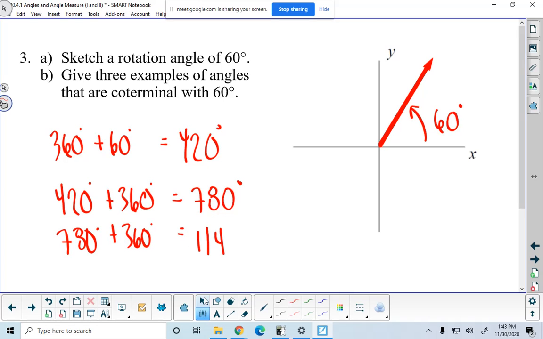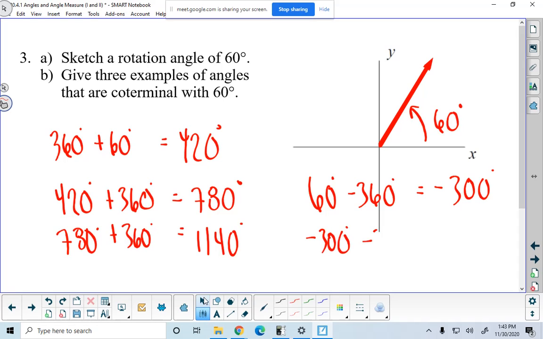I'll just double check. Carry the 4, yep. Or I could take 60 degrees minus 360, negative 300. I could take negative 300 and subtract another 360 and get negative 660. I hope that you get the idea.